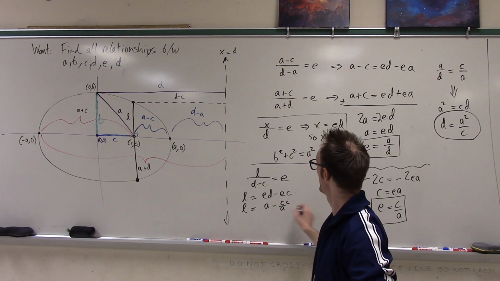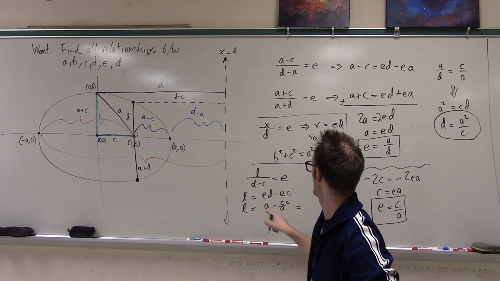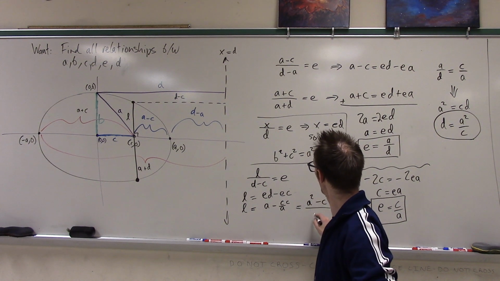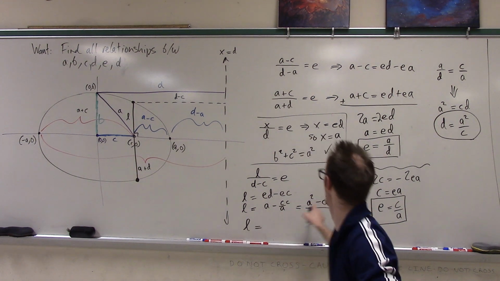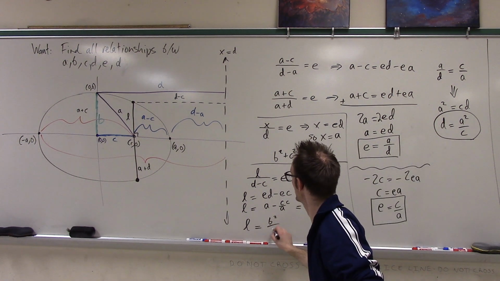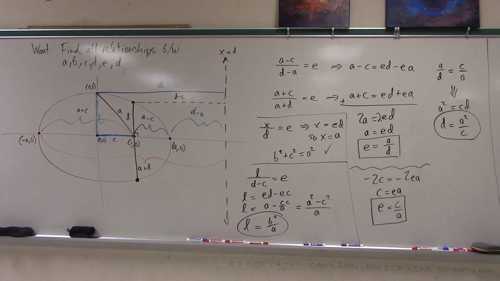And so, if I get a common denominator, then that's A squared minus C squared over A, but then I also know that A squared minus C squared is B squared. And so that is a direct proof of the length of half of the latus rectum based on the new definition of the ellipses only.